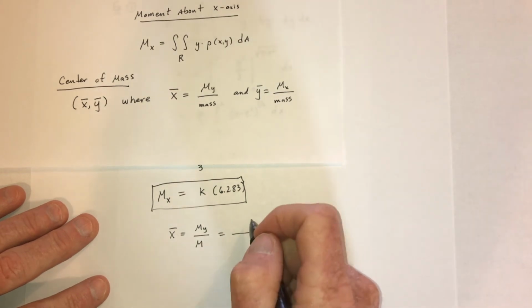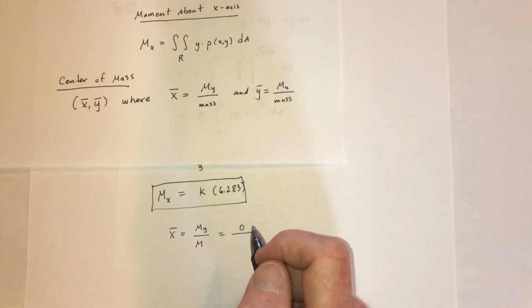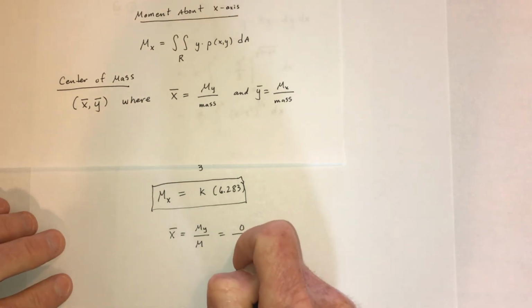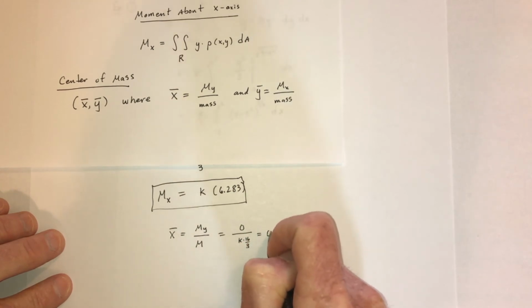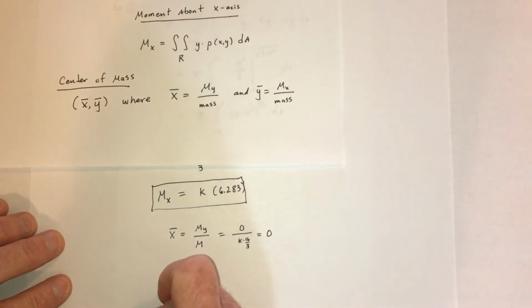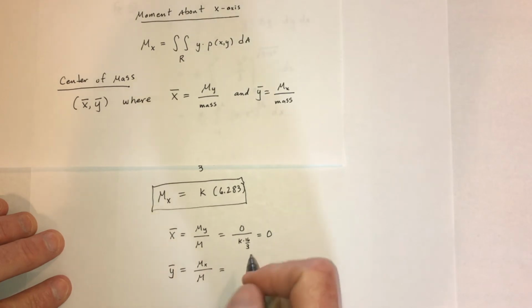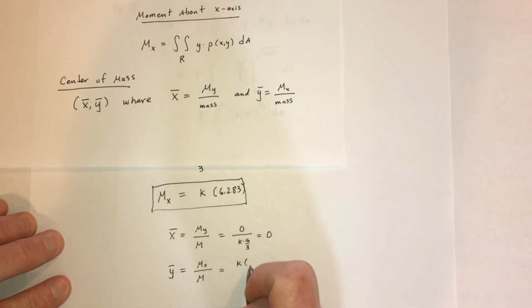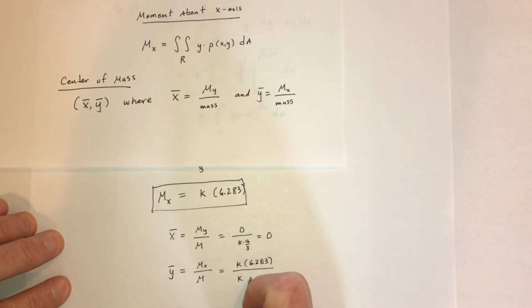So my, that was 0. And the mass was k times 16 over 3. So that is equal to 0. And then for the y bar, that is the mx divided by the mass. So that's going to be k times 6.283 gets divided by k times 16/3.